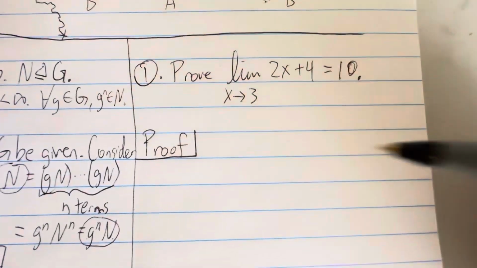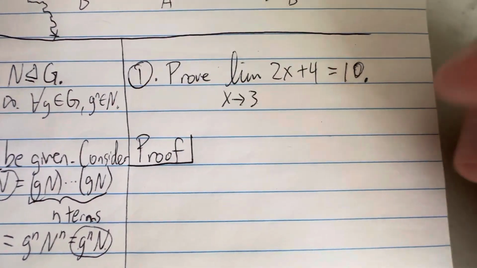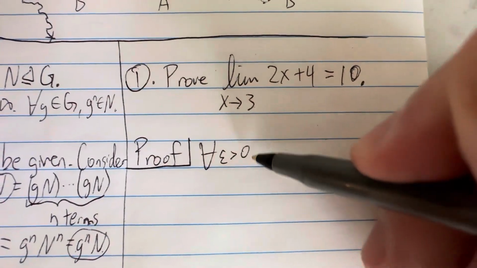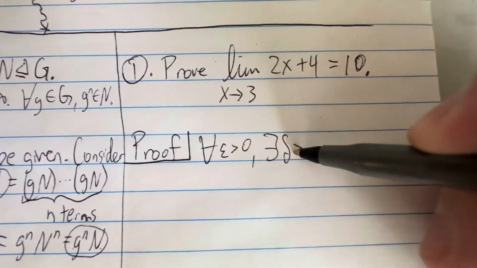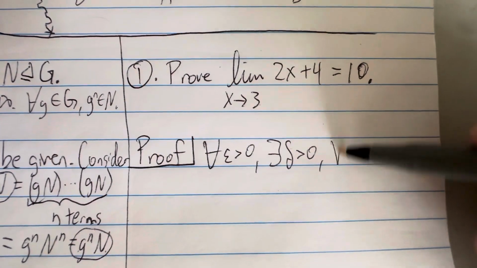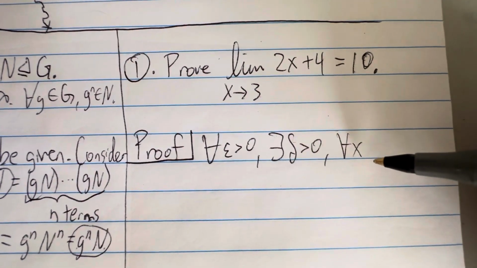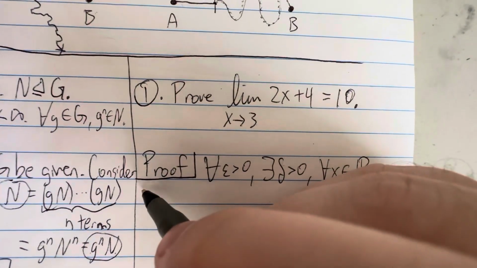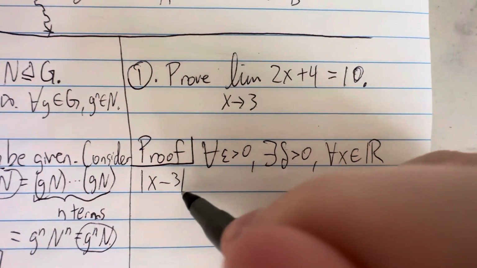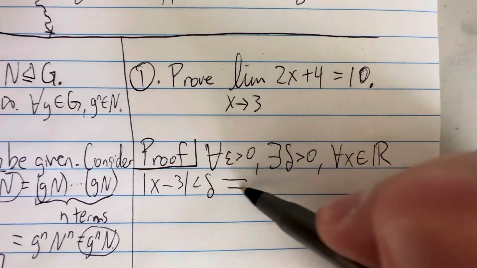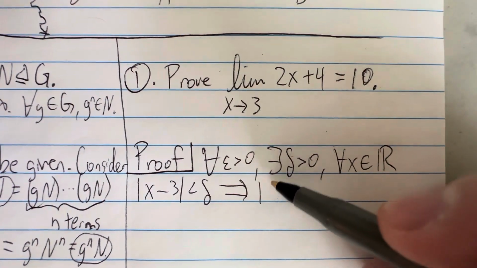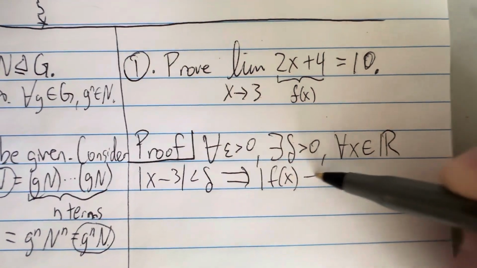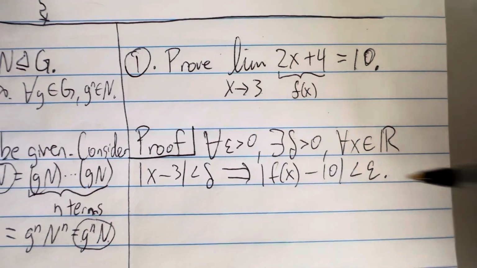Proof. We need to use the definition of limit. So again, you need to know what this definition is. The definition is this. For any epsilon greater than 0, we can find a delta positive such that for any x in the domain, which my domain is R, if the following condition is met, so |x minus 3| is less than delta, then, if this is f of x, which we'll call f of x, |f of x minus 10| is less than epsilon.